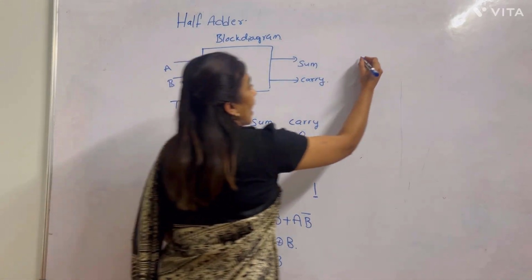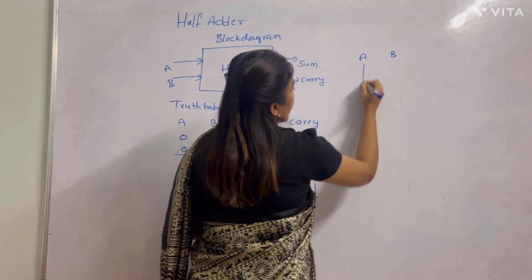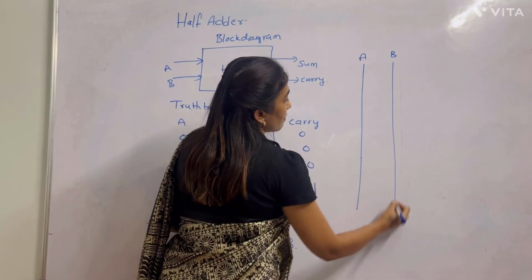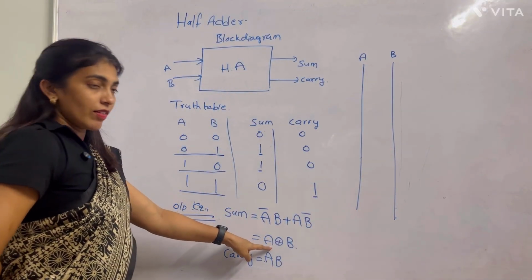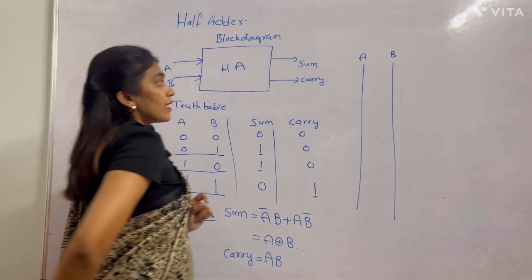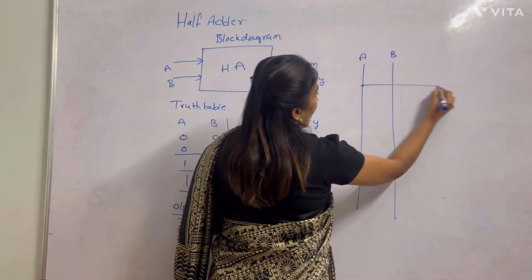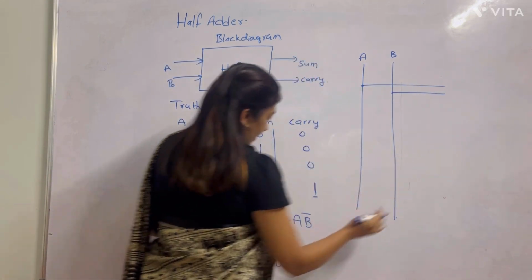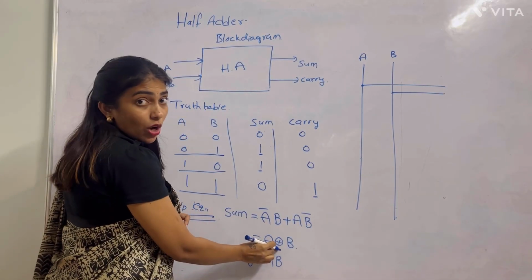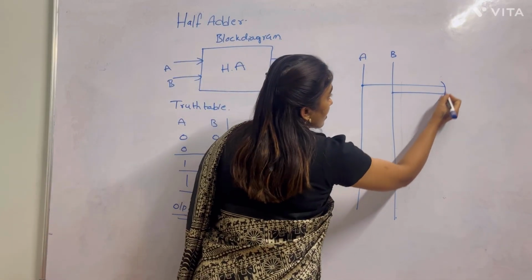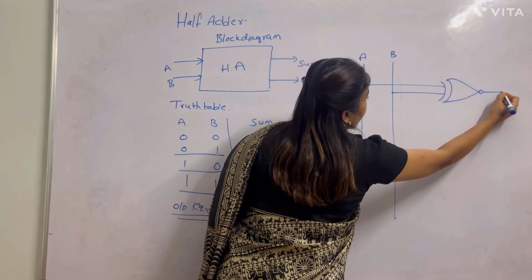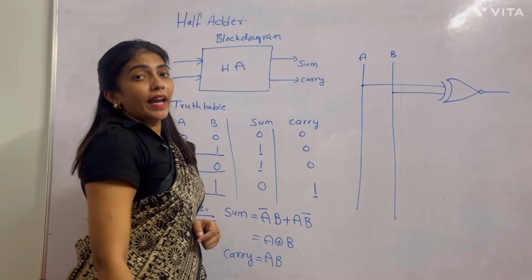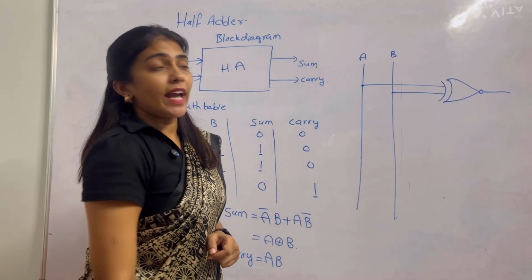So that is why I am taking two lines, A and B. First we finish the sum equation, that is A XOR B. So A and B are combined with which gate? XOR gate. A and B are given to the XOR gate.